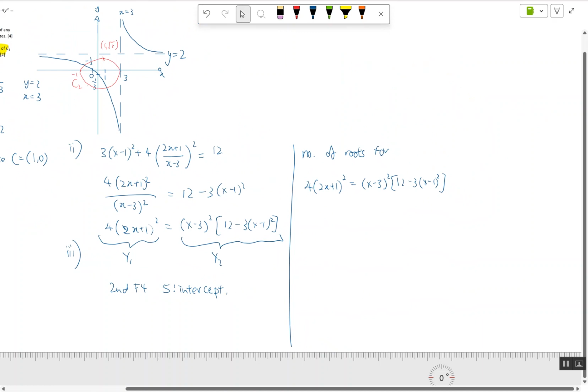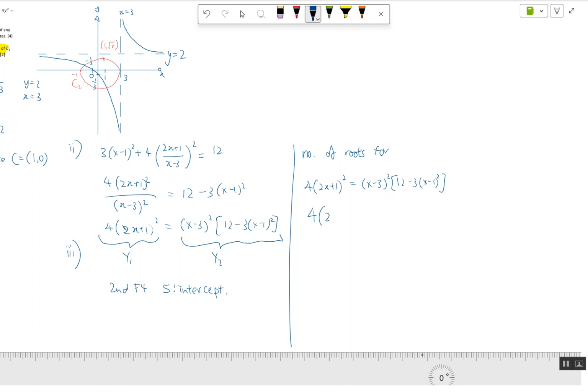All you need to do is to bring this over, for (2x plus 1) squared over (x minus 3) squared, and make one side look exactly like C1. C1 is y equals to (2x plus 1) over (x minus 3). So make sure you make one side exactly the same as C1.